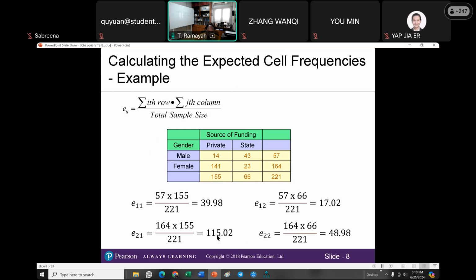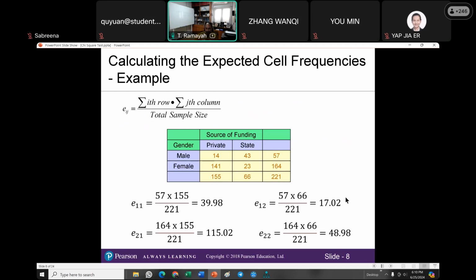We get 115.02 as the expected frequency for this cell. And then we have the cell here, 43, right? We will take 57 times 66 divided by 221. For this cell, we will take 164 times 66 divided by 221.